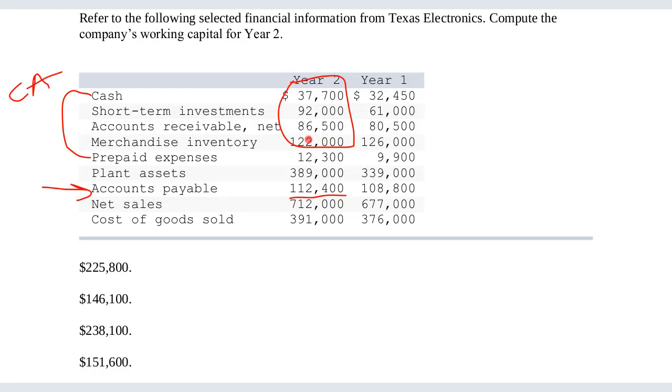Oops, I think I didn't include my prepaid in that circle, did I? There we go. $238,100. Yes, Lee and Tiffany. Okay, so that's the answer for that.